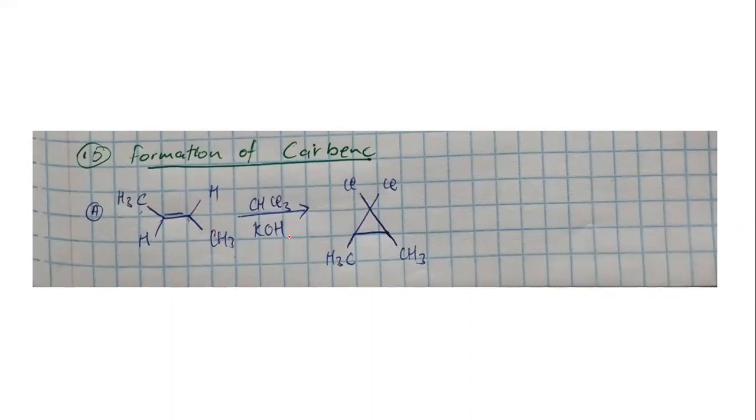Like I said, we don't do the mechanism of this. I saw its mechanism, but again, we do not do it. So the formation of carbene is going to form a molecule that looks like this. So the main reagents that we need are CHCl3 and potassium hydroxide as our base. Therefore, this will be the end of the revision lesson.